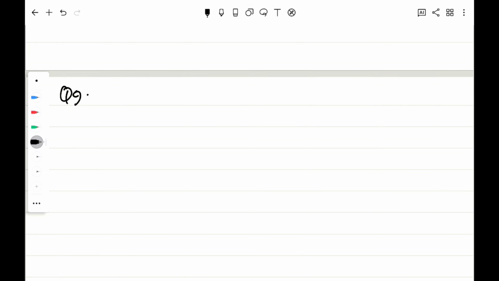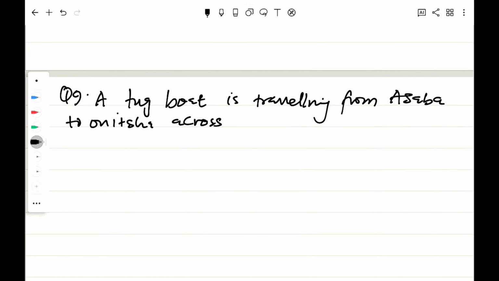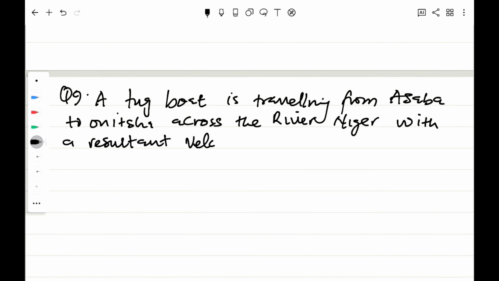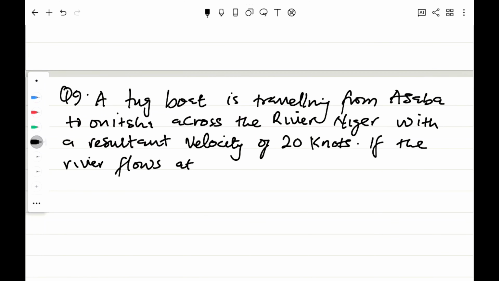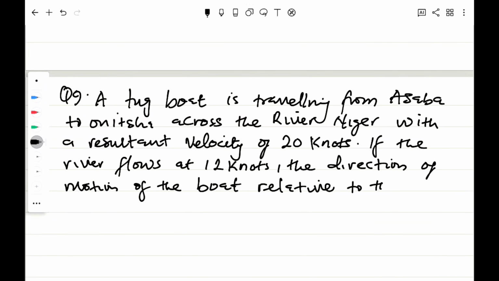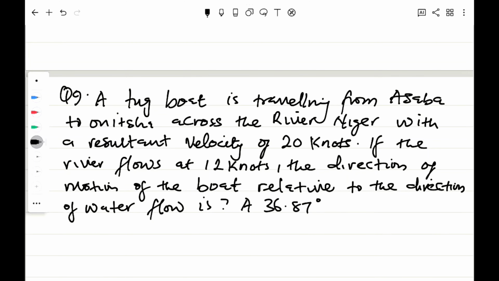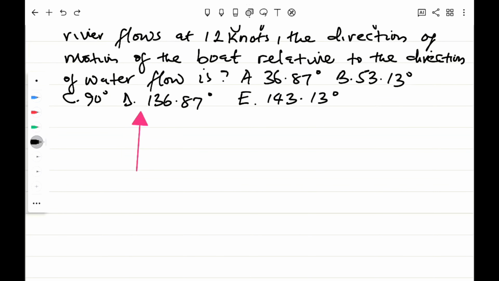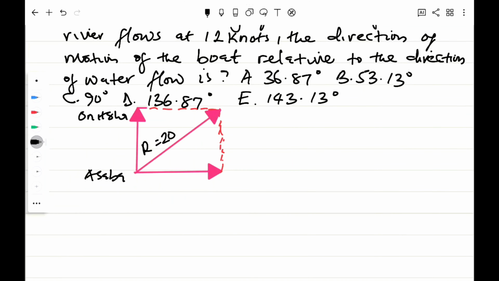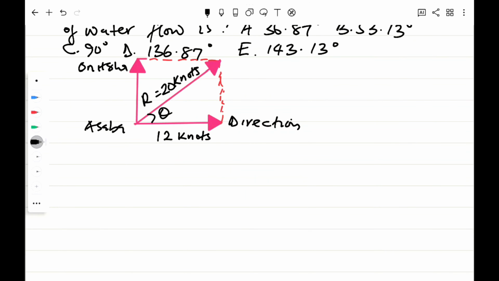Now let's proceed to the next question. Question 9. A tugboat is traveling from Asaba to Onitsha across the river Niger with a resultant velocity of 20 knots. If the river flows at 12 knots, the direction of motion of the boat relative to the direction of water flow is given to be... This question is under vectors.